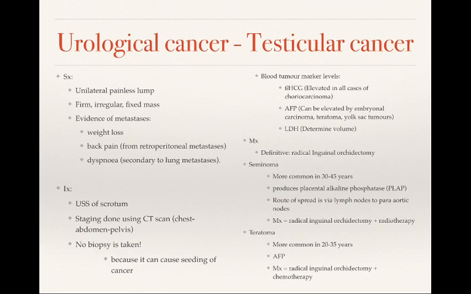Here, besides radical inguinal orchidectomy, the patient also needs radiotherapy. However, teratoma is more common in younger patients, so 20 to 35 years of age. Teratoma produces AFP, and the management for this is chemotherapy and radical inguinal orchidectomy.